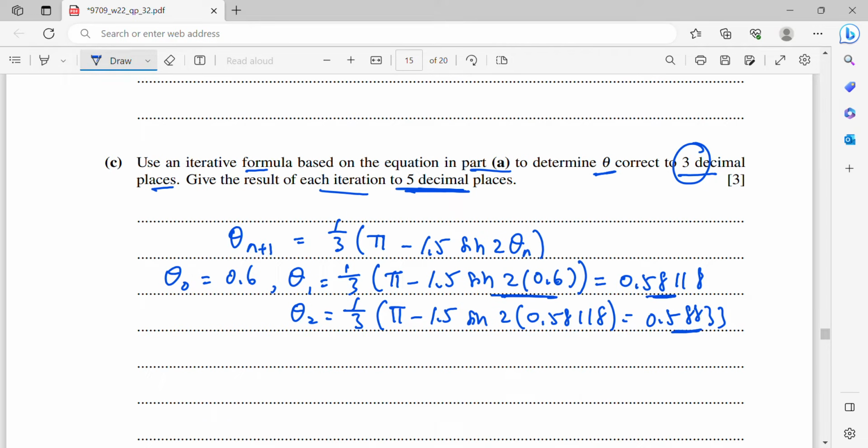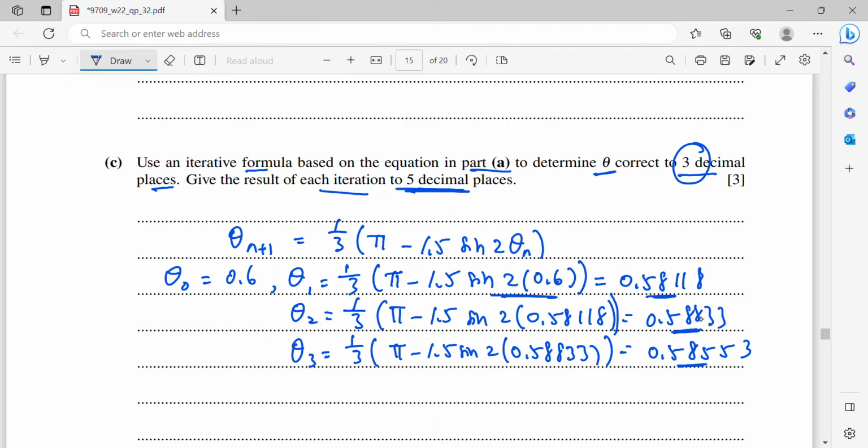Obviously they are not the same, so we have to continue. So theta 3 is 1/3 pi minus 1.5 sine 2 bracket 0.58833. So it will be 0.58553.